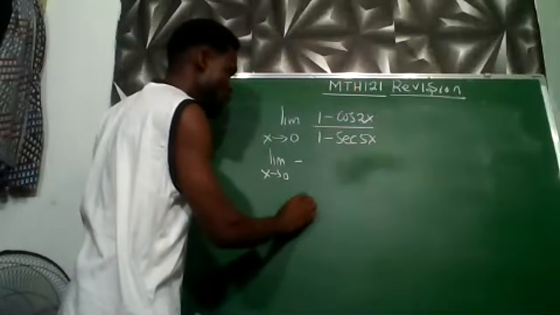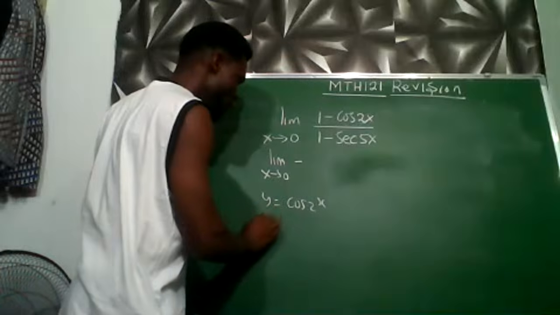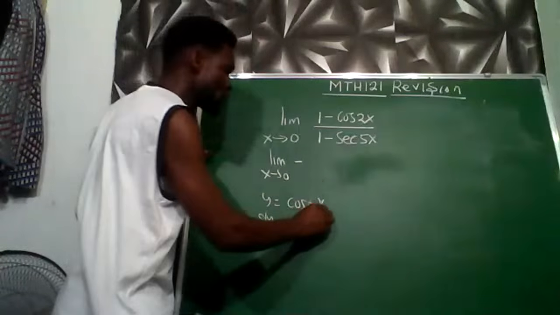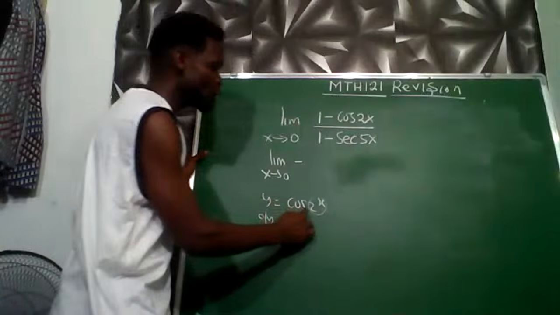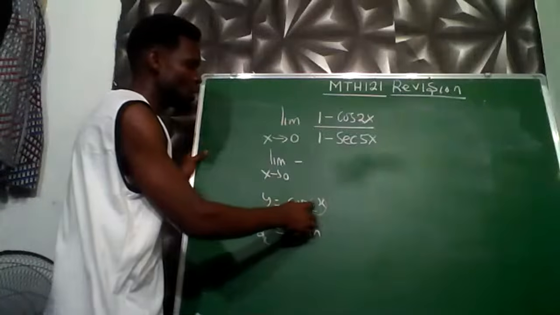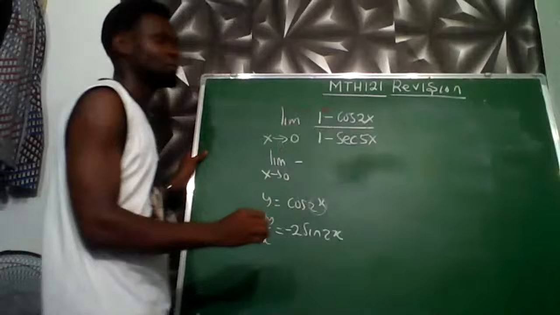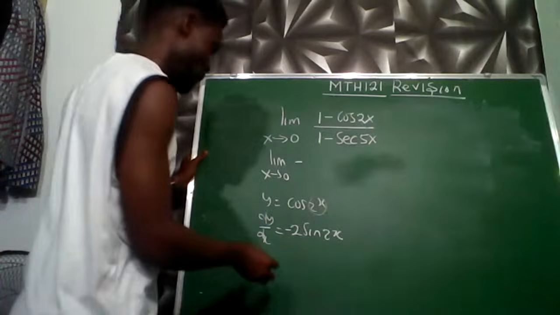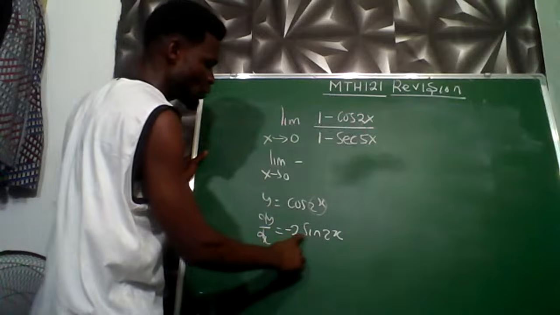If y is equal to cos 2x, then dy over dx is equal to: differentiate 2x, you have 2; differentiate cos, you have minus sine, and then you repeat the polynomial function, 2x. So the derivative here is minus 2 sine 2x.